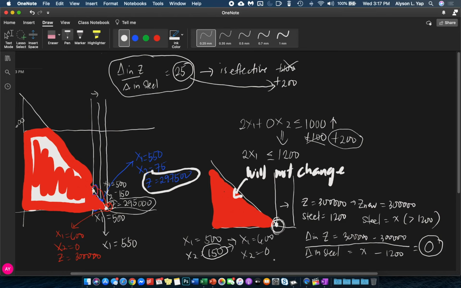However, at this point, you can no longer reduce your production of blue gadgets because it's already 0, and therefore no matter how much increase in steel you add here, it will not affect the model anymore, and that is why the ratio is equal to 0.